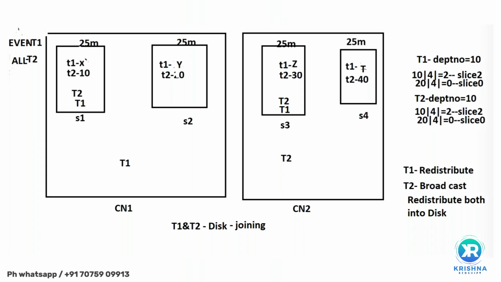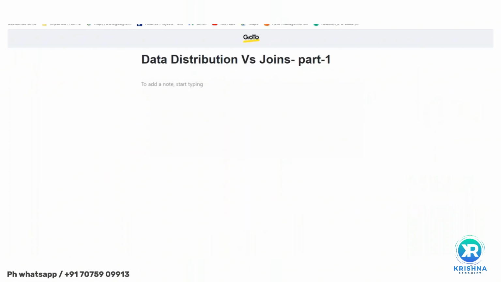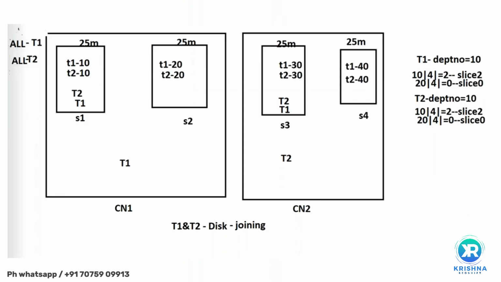Even if the other table is even, ALL is helping, or no? Yes, sir. So even if the other table is even, ALL is helping us because the entire copy is present.